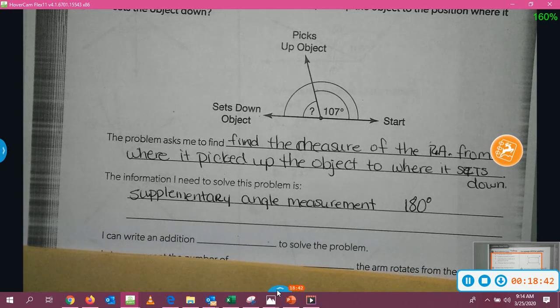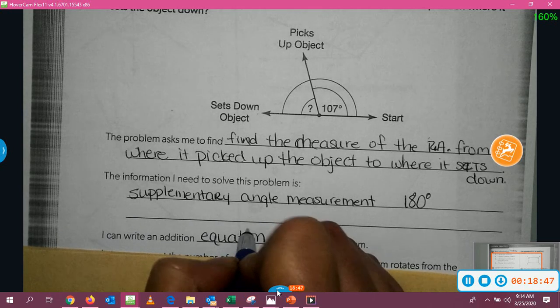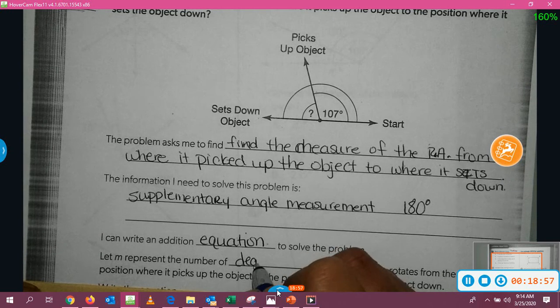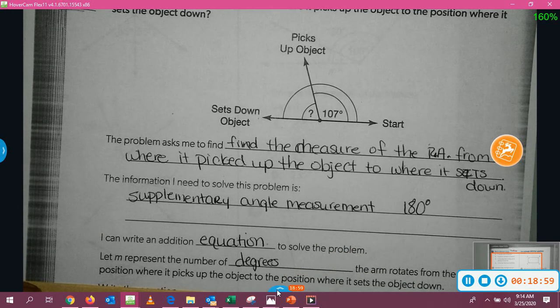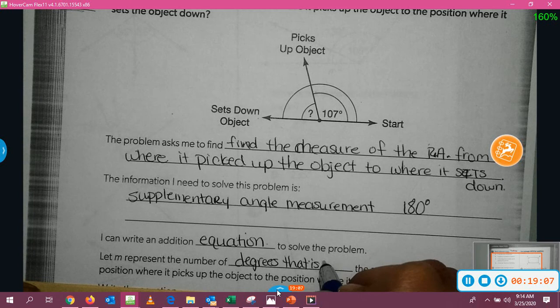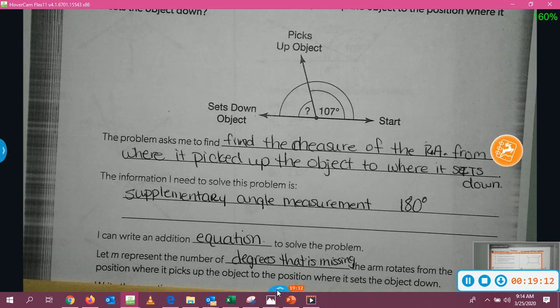I can write an addition equation to solve the problem. Let M represent the number of degrees that is missing, the degrees the arm rotates from the position where it picks up the object to the position where it sets down the object.